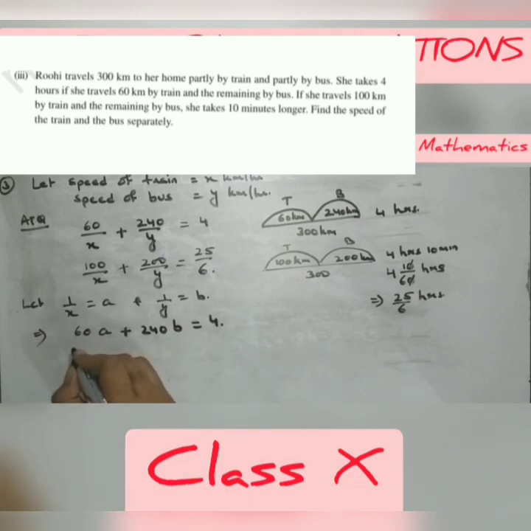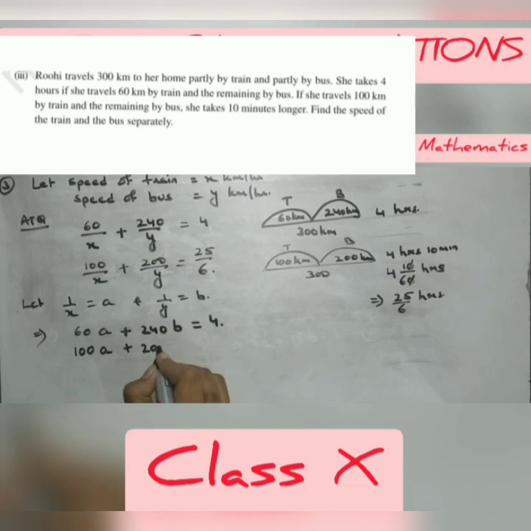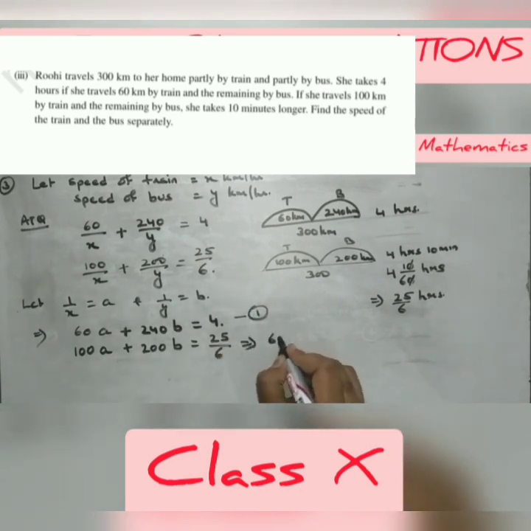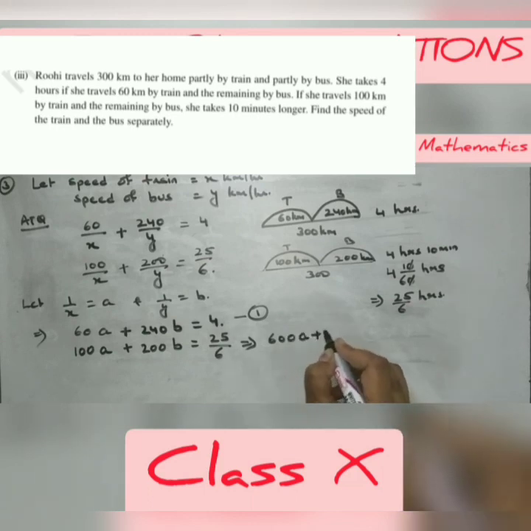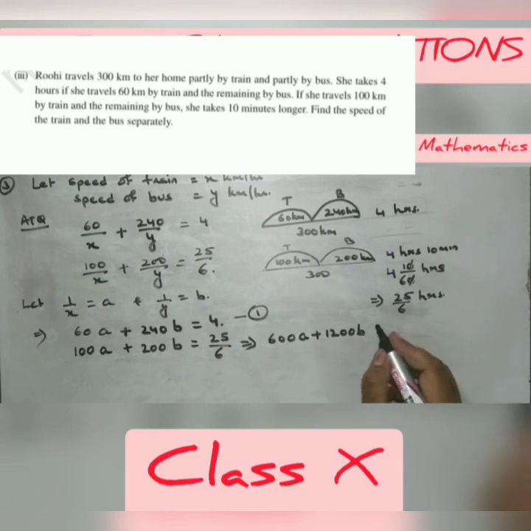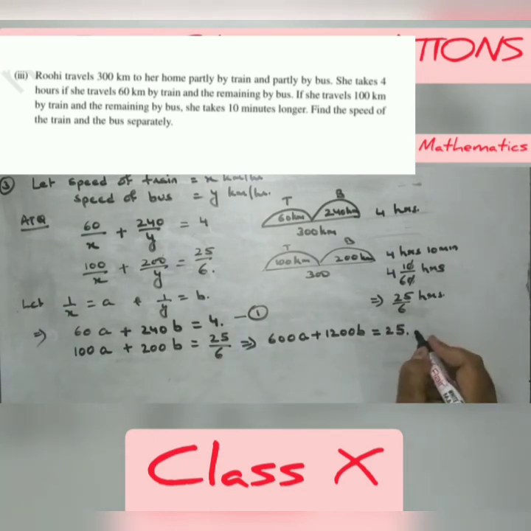The second will be 100a plus 200b is equal to 25 by 6. If you cross multiply, it will be 600a plus 1200b, multiplying both sides by 6, is equal to 25. This is your equation 2.